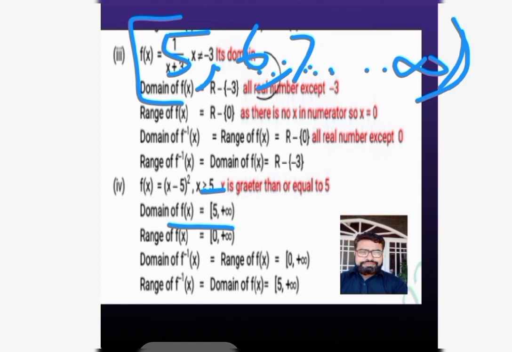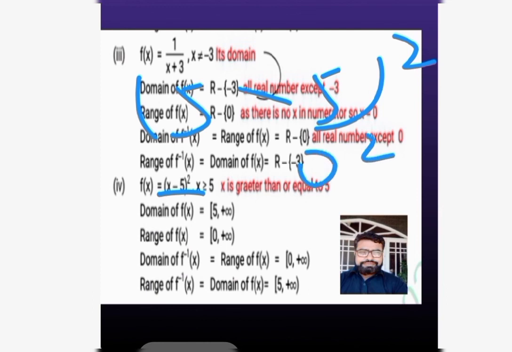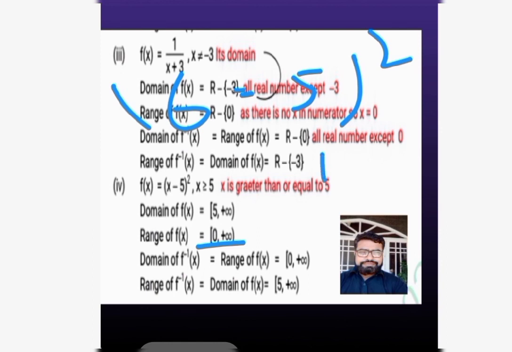This is the domain of f of x. If we put 5 in the given function, 5 minus 5 is 0, and the square of 0 is 0. So the minimum answer is 0. At 5 there is 0, and 0 is in the range. After that, if we put 6, 6 minus 5 is 1, and the square is 1.